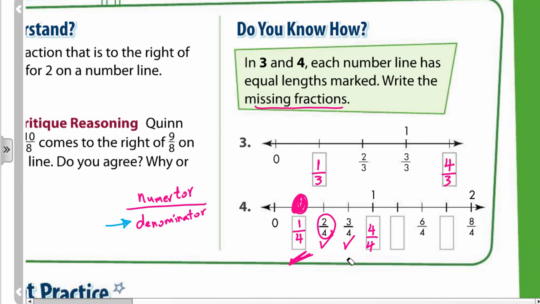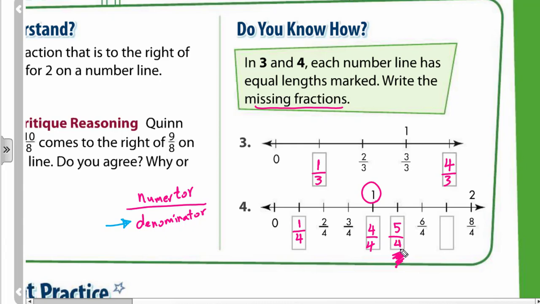Okay, now as you can see here, my hero, 4/4 is equivalent to a whole one. Okay, let's continue. Quickly, Sahmi. After 4/4, 5 what?